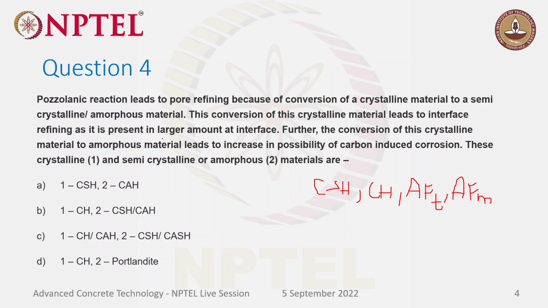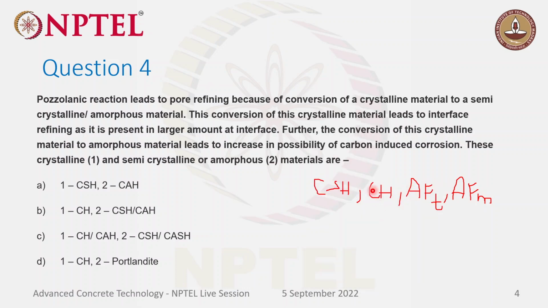So we can find more Portlandite in the interfacial transition zone. That is a major point: if concrete is subjected to chemical attack, it will first attack the hydrates in the interfacial transition zone because it has more space for the liquids to enter. Obviously, Portlandite will be there, readily available for reaction.